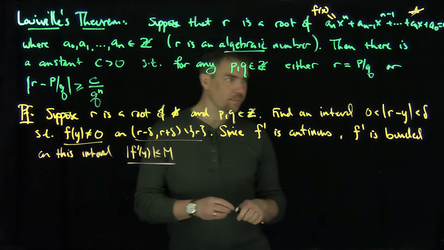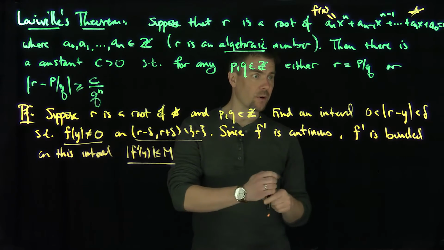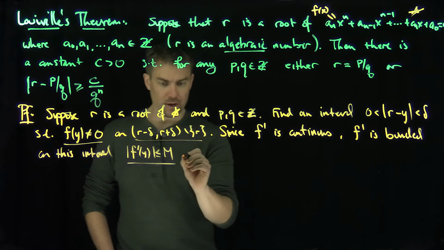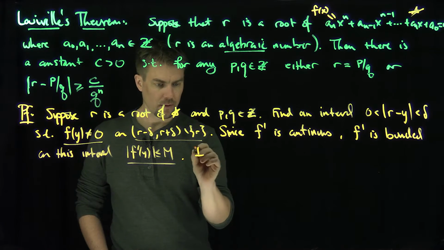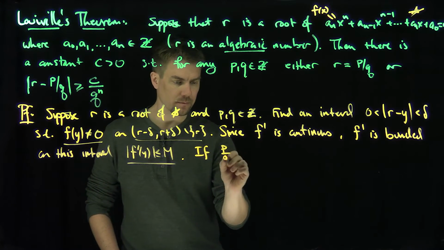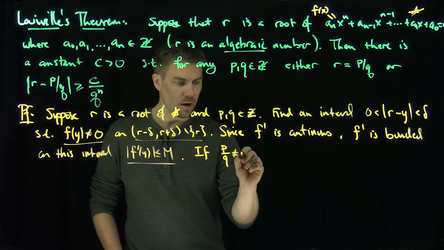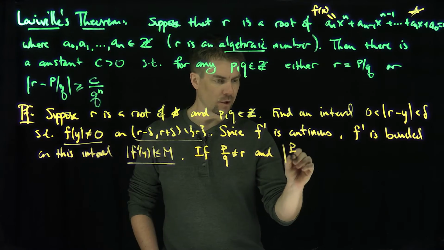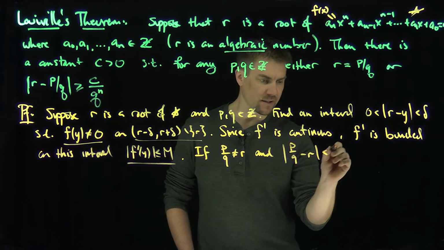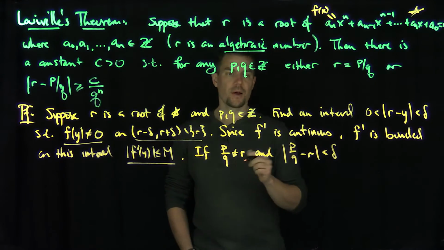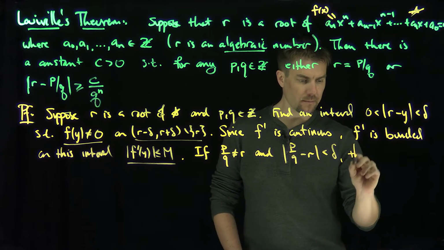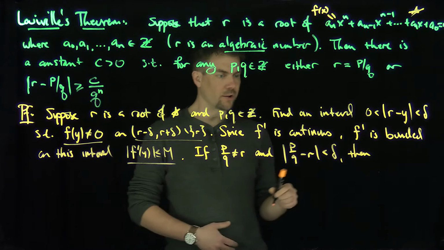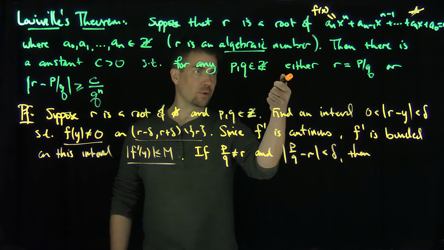So now let me suppose that y is a rational number, not equal to r, in this interval. So if p over q is not equal to r, and |p/q - r| is less than delta, then what can we say? Well, let me plug p over q into my polynomial.